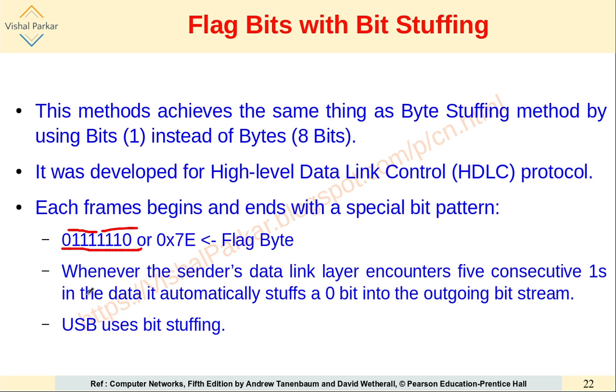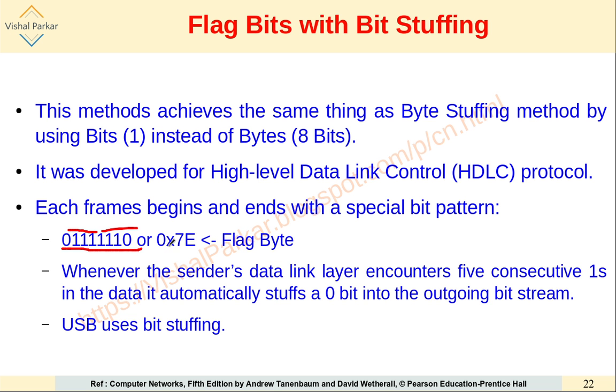Now if this is going to be the delimiter, with the same discussion that we had previously, if this pattern occurs in the frame part, the receiver will once again wrongly conclude the end of the frame. To prevent this, the sender should take care that there are not 6 consecutive ones in the data part or the frame part.